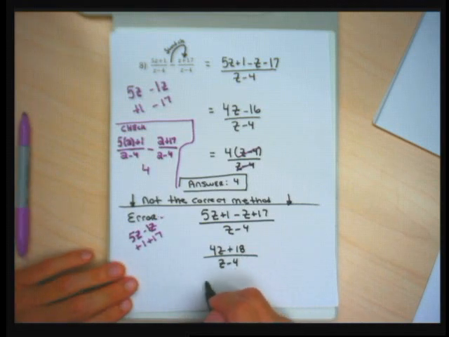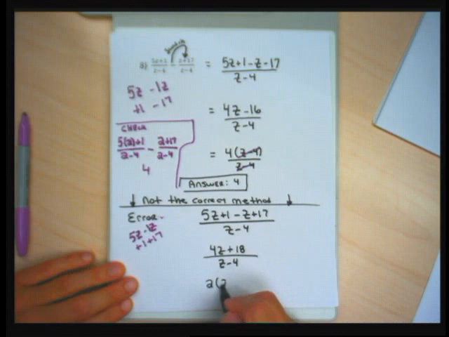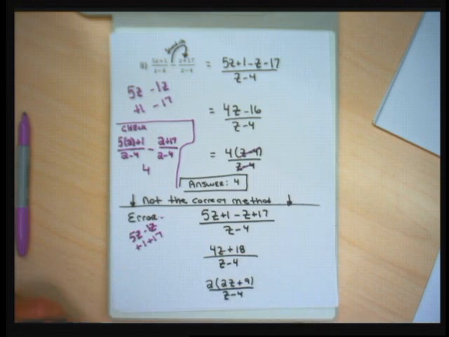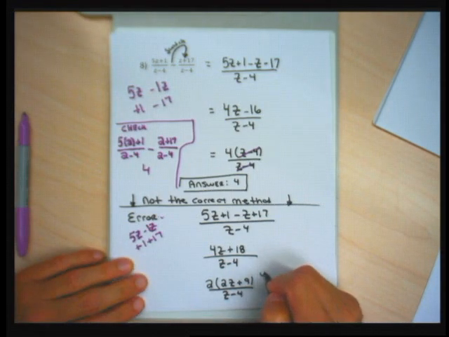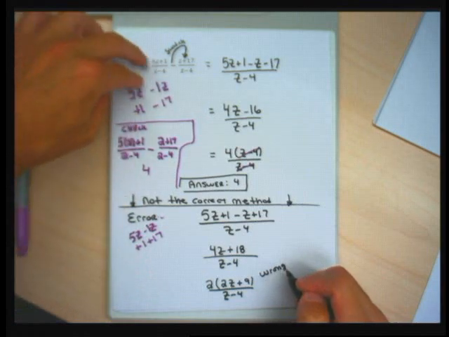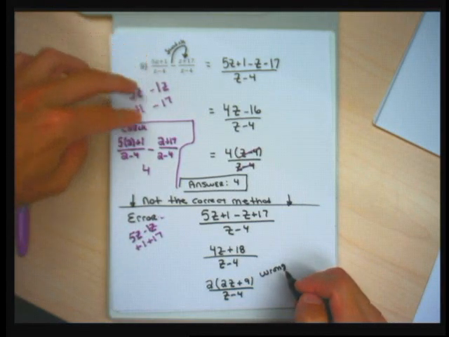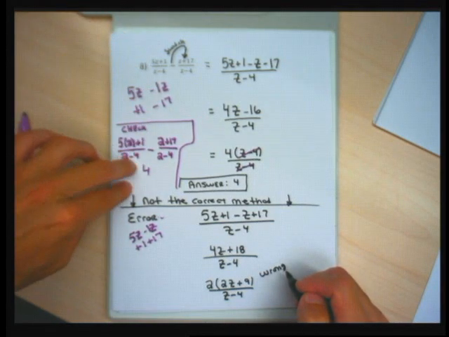Factor. I could factor out a 2 from the numerator. And if I factored out a 2, I'd be left with a 2z plus 9. In the denominator, I'd have a z minus 4. For this answer to be correct, this is a wrong answer, I'd have to get 4 when I plug 2 in for z, because when I plug 2 into the original problem for z, I get 4.